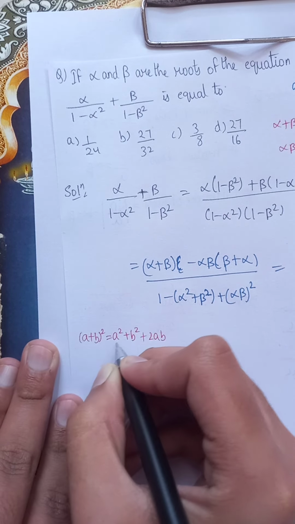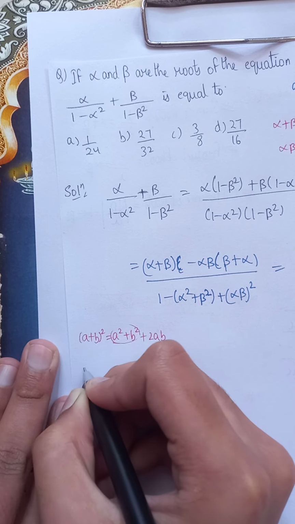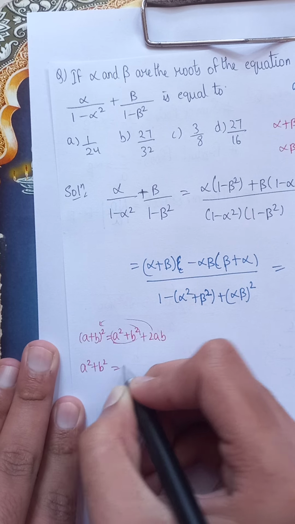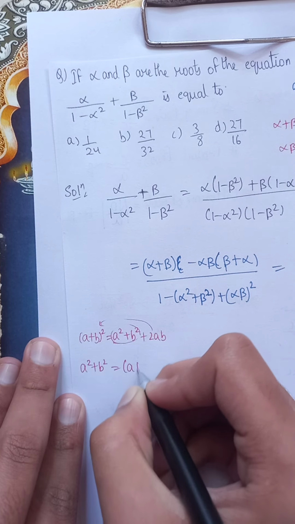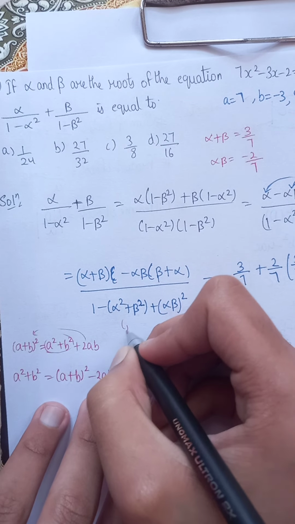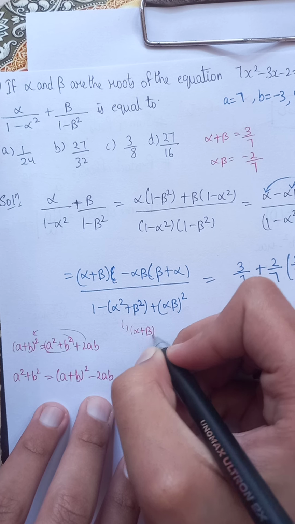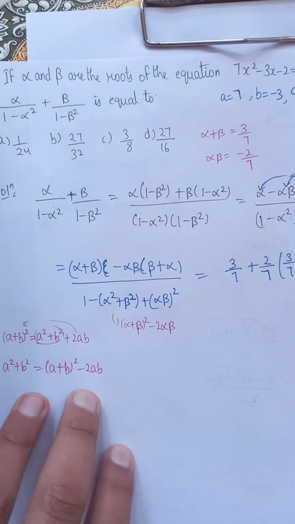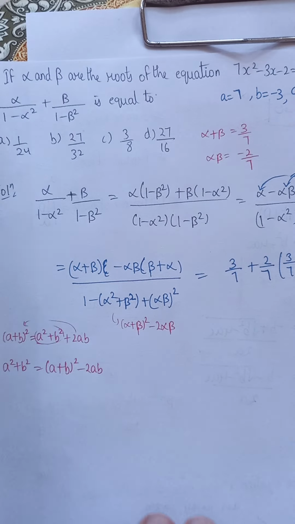So what is the value of a square plus b square? We get a plus b whole square minus 2ab, which means you can write this as alpha plus beta whole square minus 2 into alpha beta. That's how you can write this.